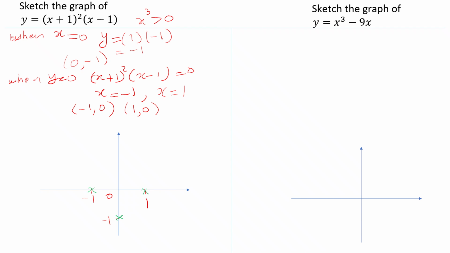So this graph starts from the bottom left-hand corner because x cube is positive. So this graph starts from here, and the two roots are same, which is x equal -1. They're same two roots, so this comes like this.